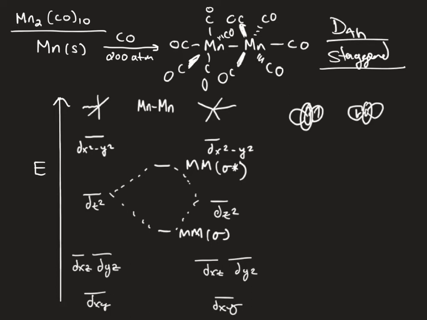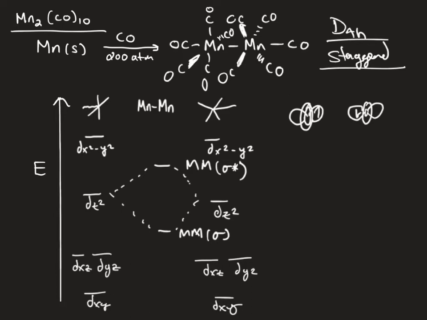Now, because these are staggered relative to one another, the overlap in the pi type fashion and the delta type fashion is going to be incredibly weak because the orbitals aren't directly lined up relative to one another.